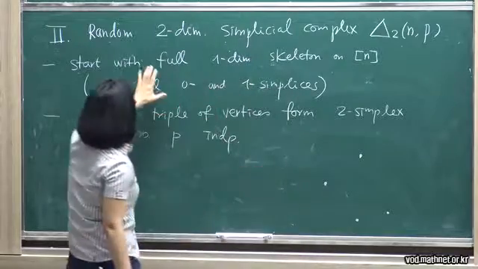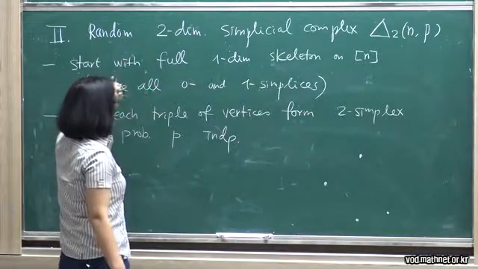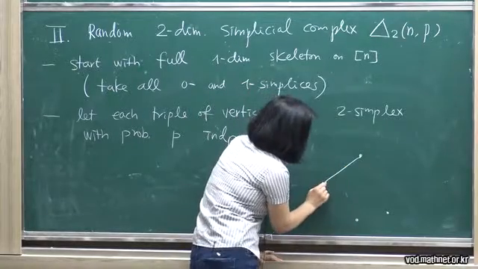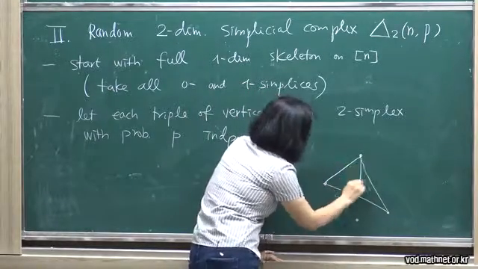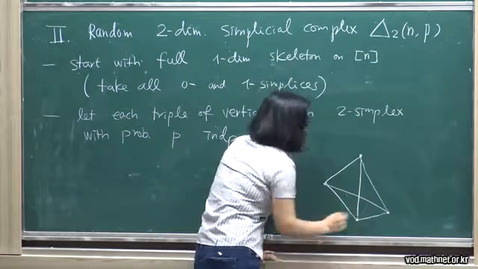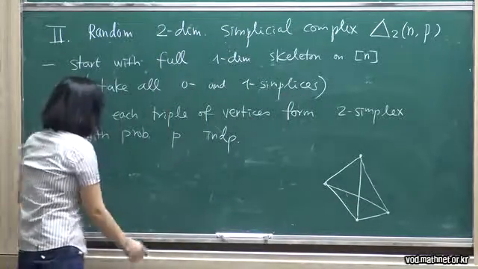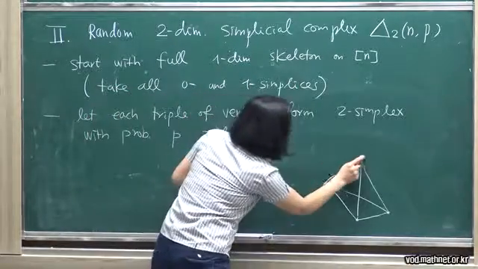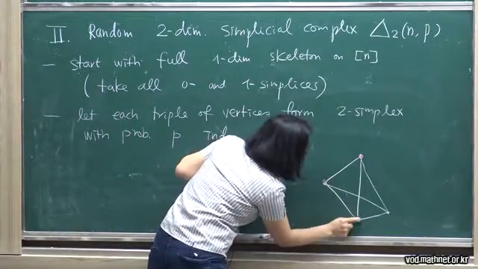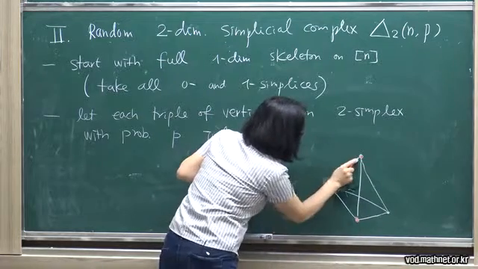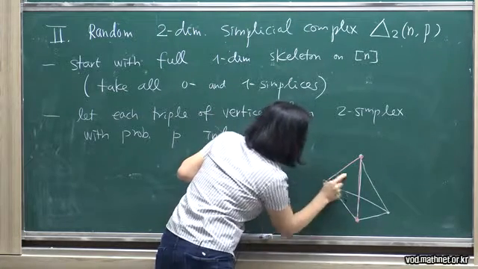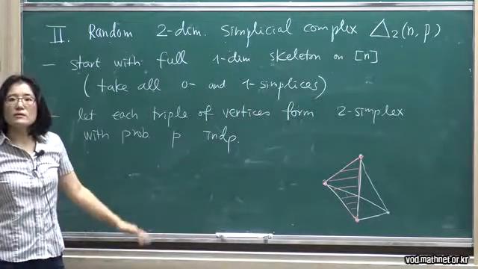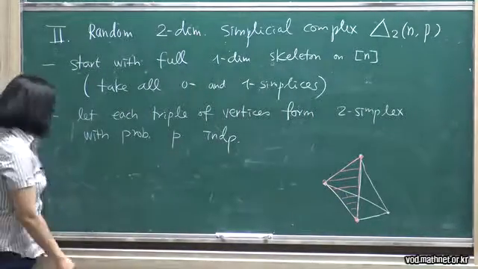So I take the full skeleton, so 0 and 1-dimensional simplices. Four vertices are there and all the edges are existing. Then each triple, for example this triple, will form a 2-simplex with probability p, and the rest also independently. Is the model clear?